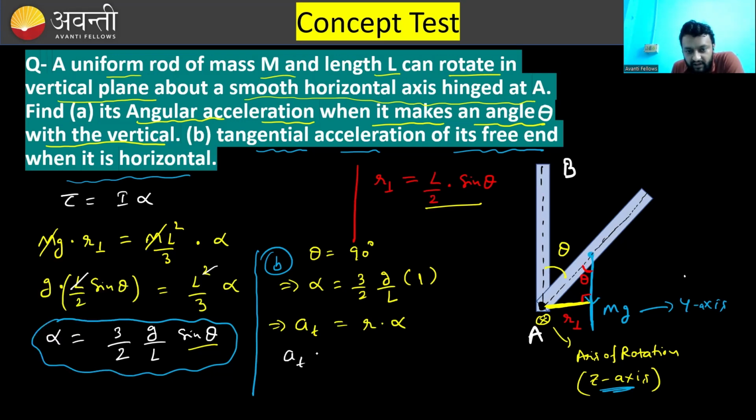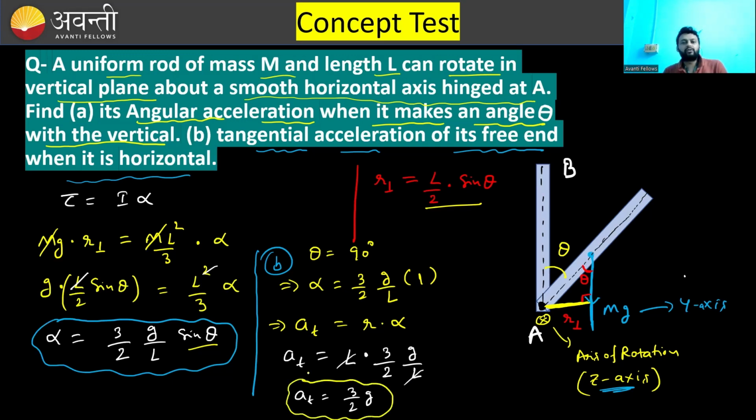So a tangential is L into alpha, which is 3 by 2 g by L. L will cancel out. So the tangential acceleration will be 3 by 2 g. So these are the answers of the question.